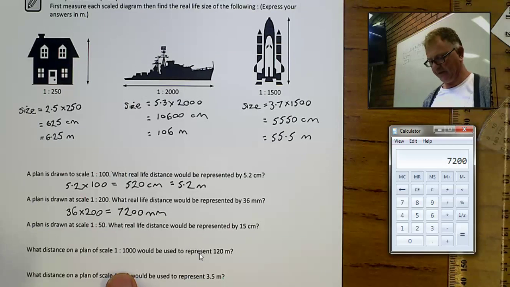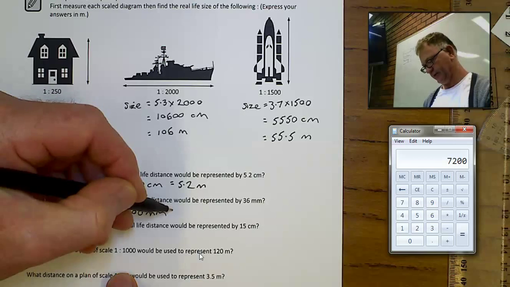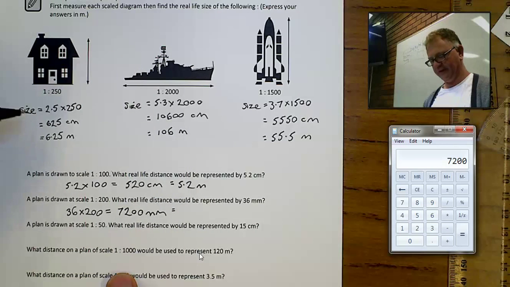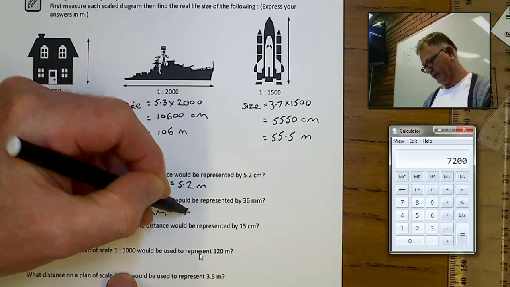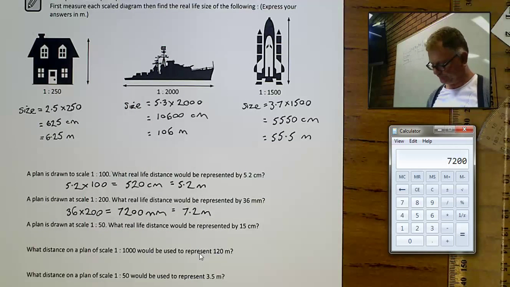I suppose you could leave your answer like that, or to change millimetres into metres, divide by 1,000, move the decimal place 3 positions, could be 7.2 metres. Both answers are correct.